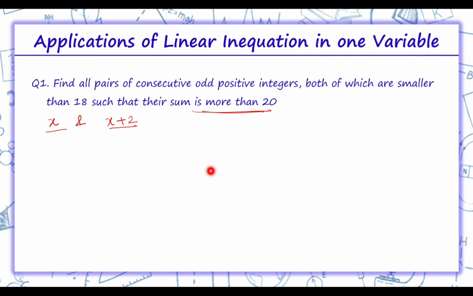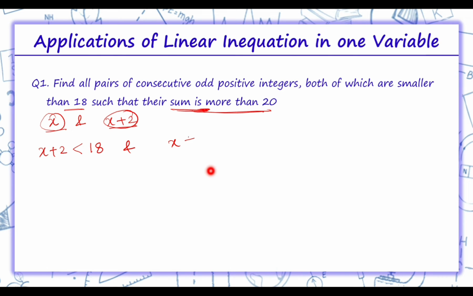Now it is given both of these integers are smaller than 18. That means x and x plus 2 both are smaller than 18. So we can consider x plus 2 is smaller than 18, and such that their sum, if we add them, is more than 20.